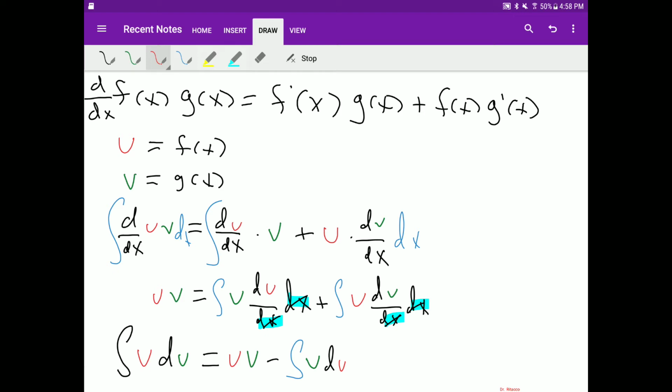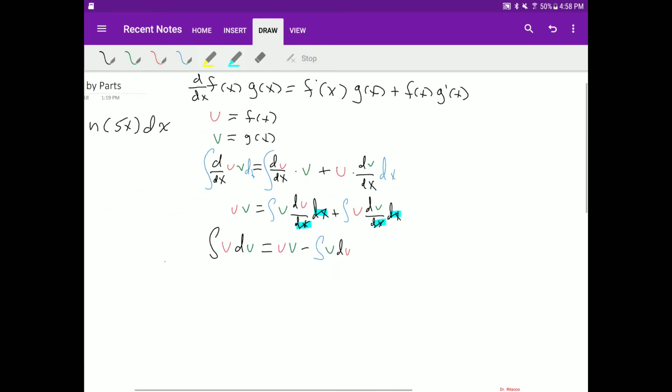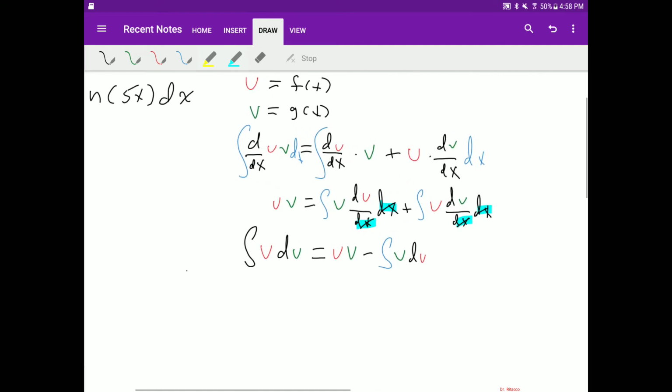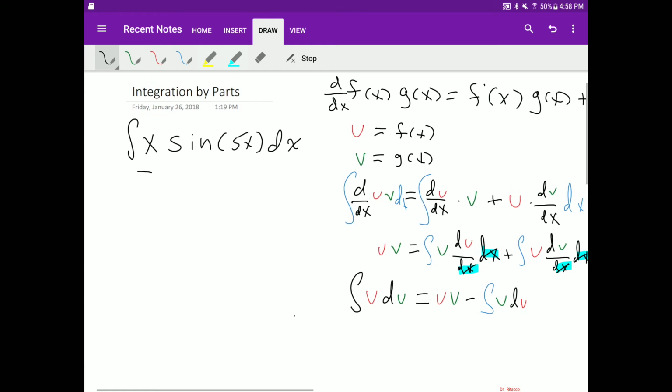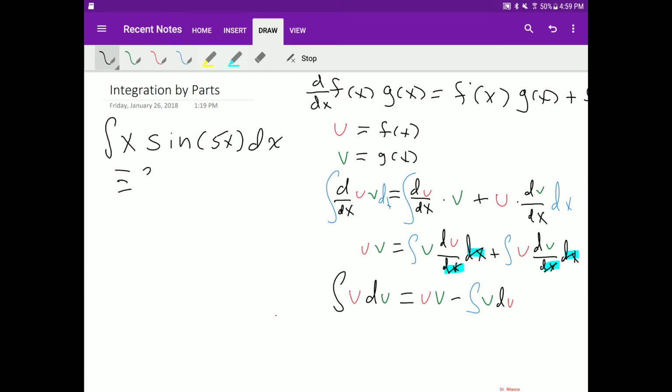So what we're going to do here is make an equivalence, okay? We're going to say that our function, the integral of x sine 5x dx, is equivalent to the integral of u dv.